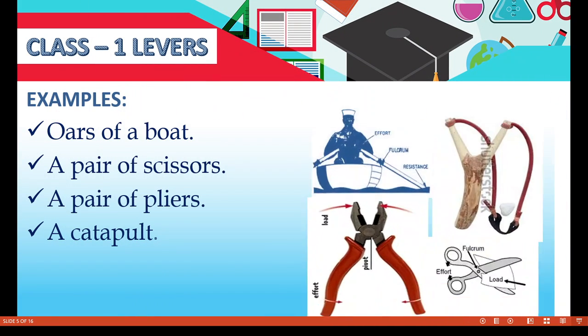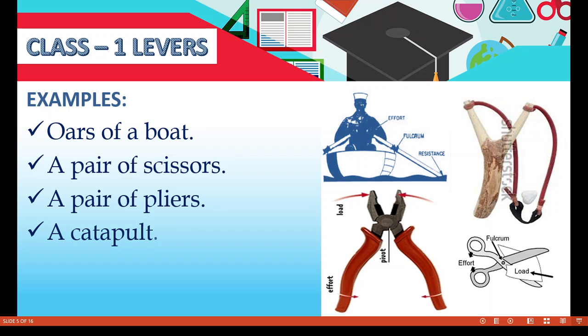So what are the examples of class 1 levers? The oars of a boat. Here this is the oar of a boat. The man is sitting on a boat. The waves, the tides of the sea, are the resistance, or otherwise you can call it the load, and the fulcrum is the fixed point where this rod is fixed to the boat.